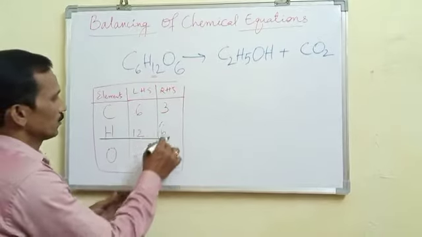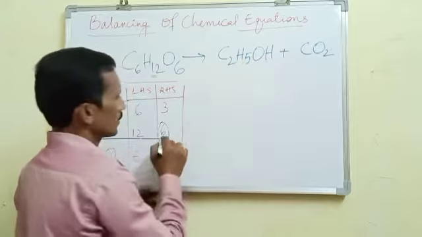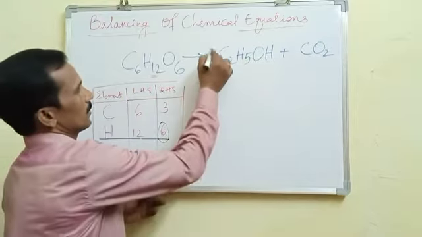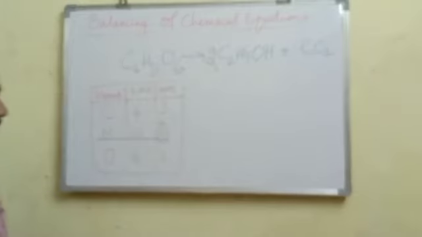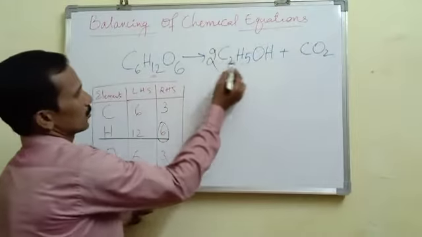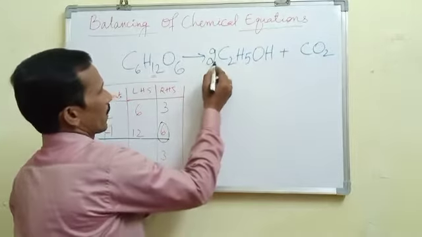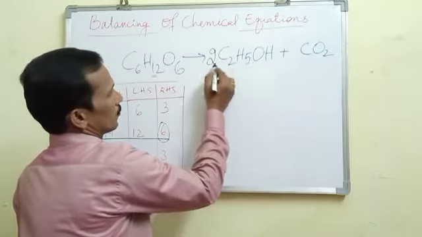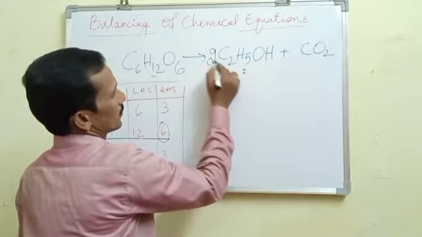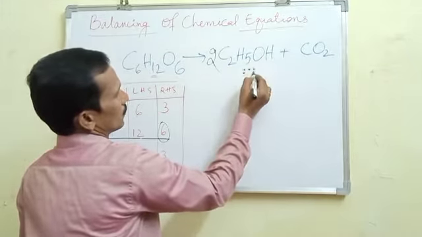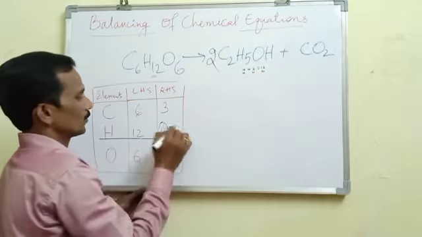To make it 12, on the right-hand side there are 5 plus 1, 6 hydrogens. We simply multiply the entire substance with 2. 2 5s are 10 hydrogens plus 2 1s are 2 hydrogens. Total 12 hydrogens.